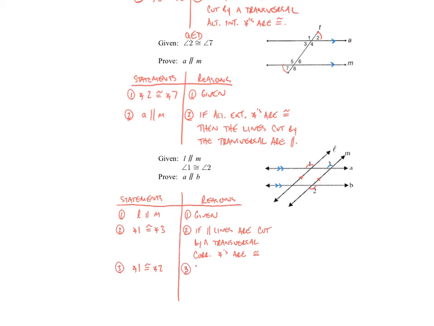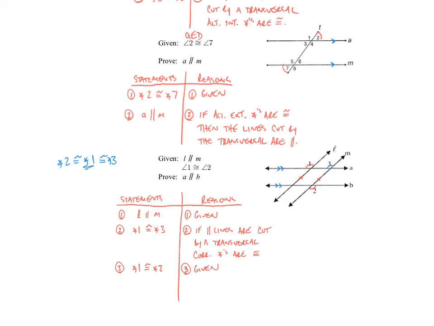And our reason for that can just be given. So now we've got this chain of congruence, right? Let's start with angle 2 is congruent to angle 1. They gave us that. And then we just went out and proved that angle 1 is congruent to angle 3.